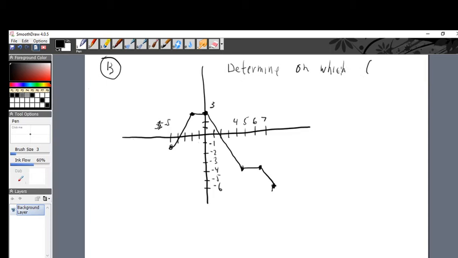In other words, I'm not sure of their exact wording, but on which part of the x-axis is the function strictly decreasing? They might word it a little bit differently than I am.